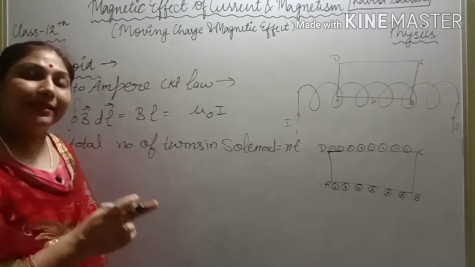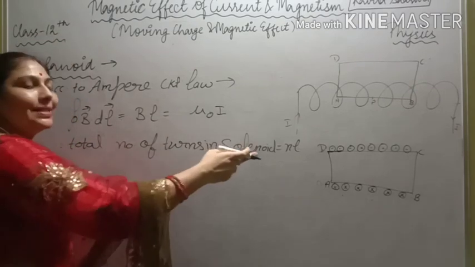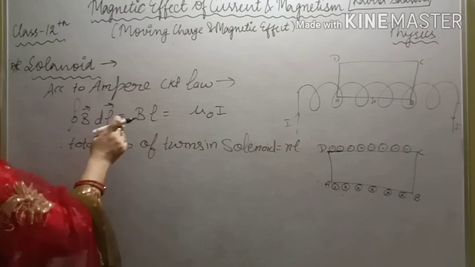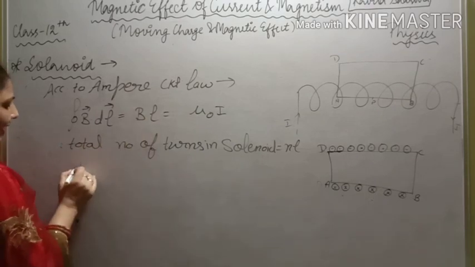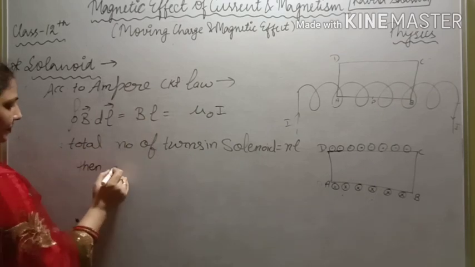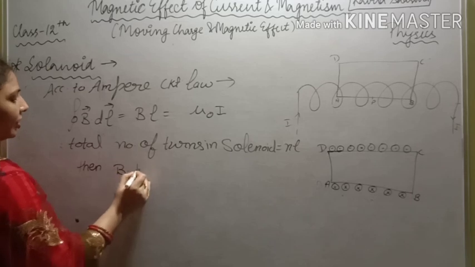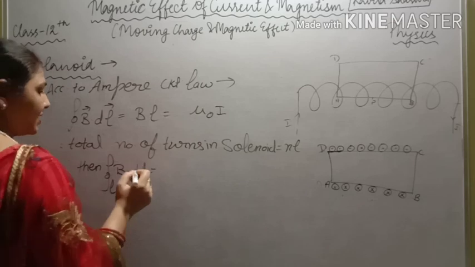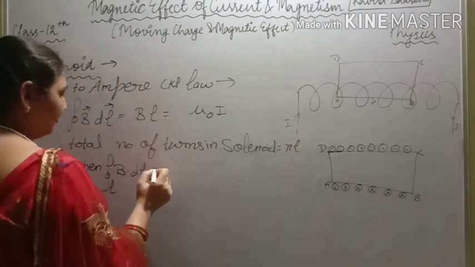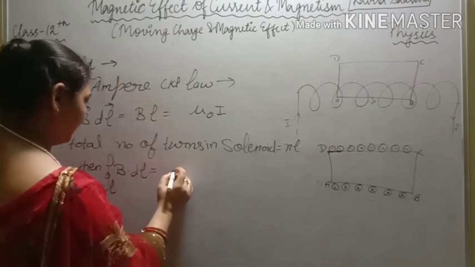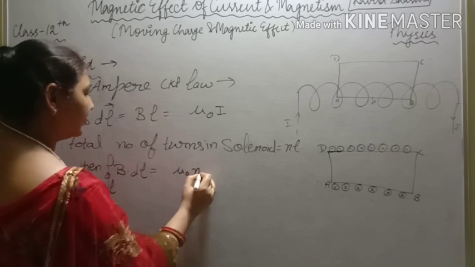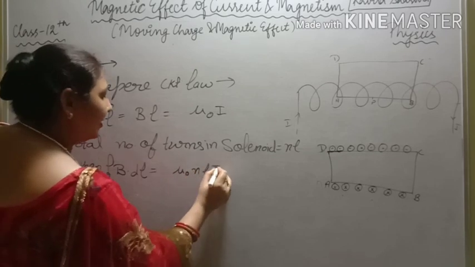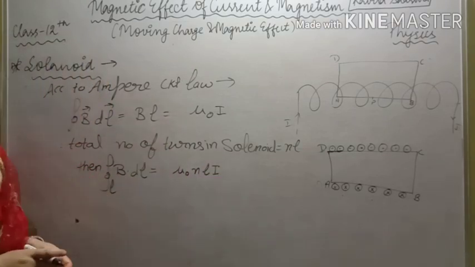So for the length L, the number of turns will be equal to n into L. Then the line integral of B dot dl will be equal to mu naught n L I, right?